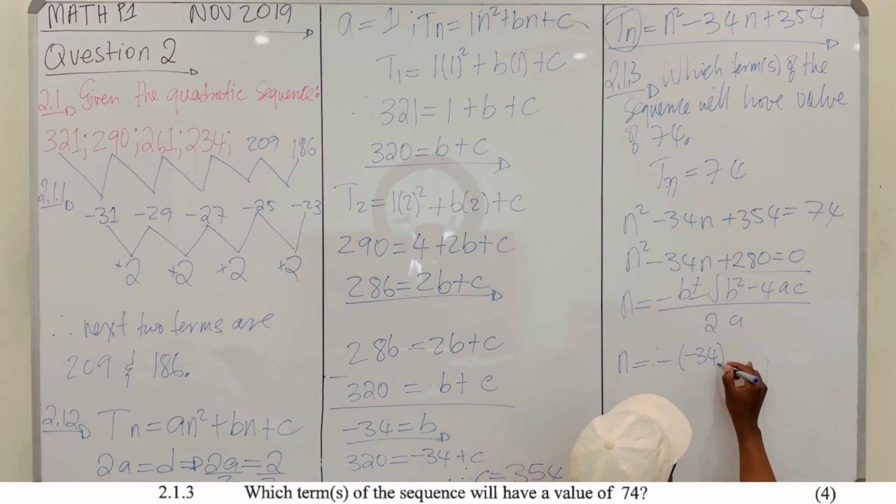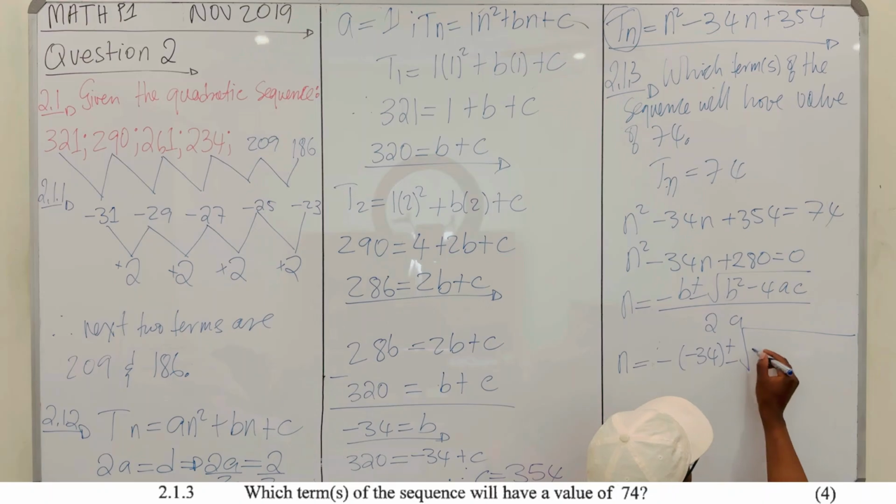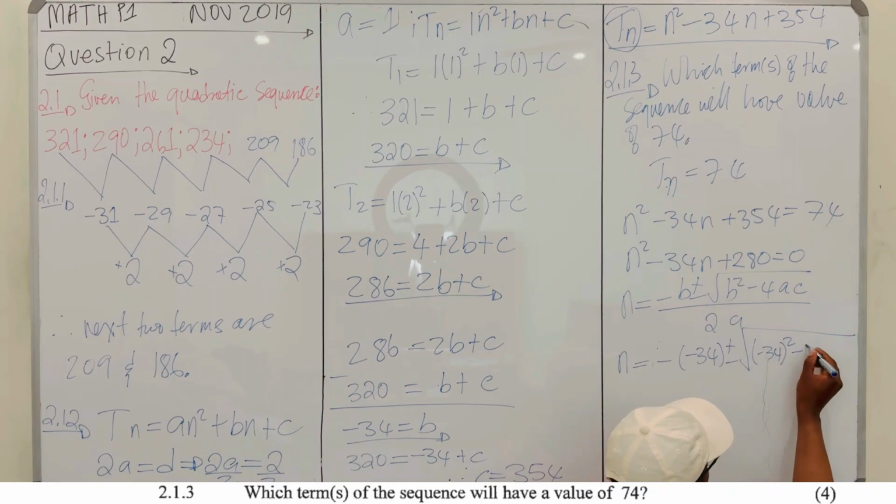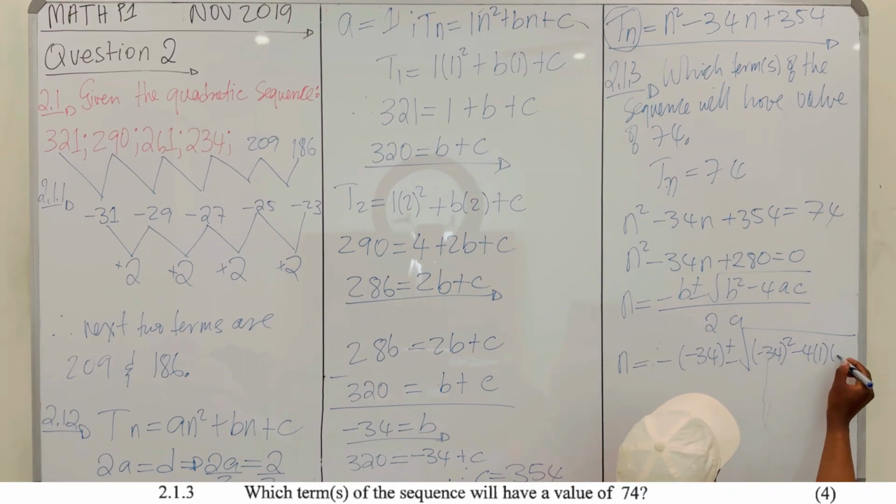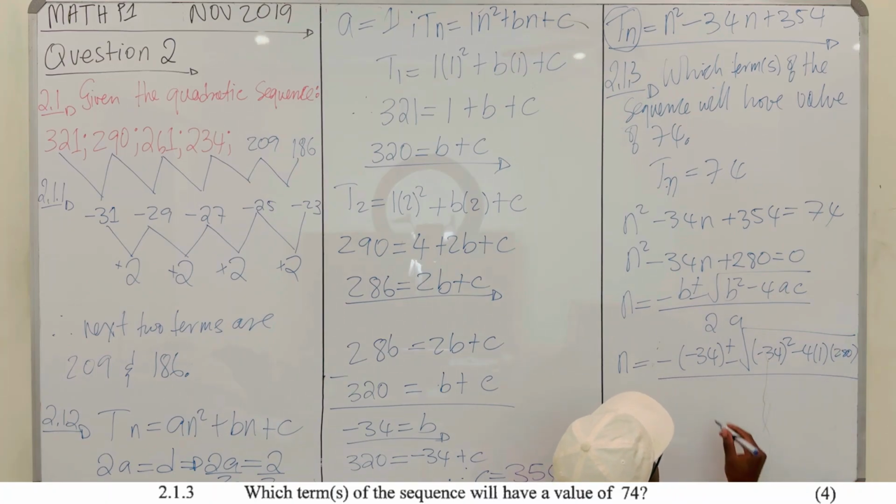Minus 34, so negative minus 34 plus or minus the square root of 34 squared minus 4ac, which is 280, all over 2 into 1.